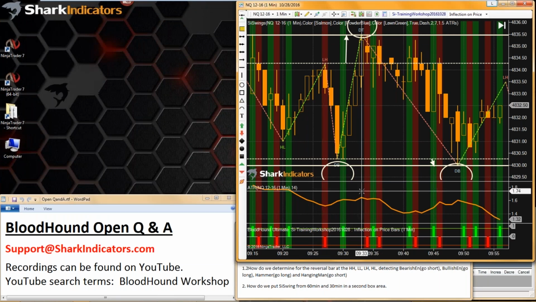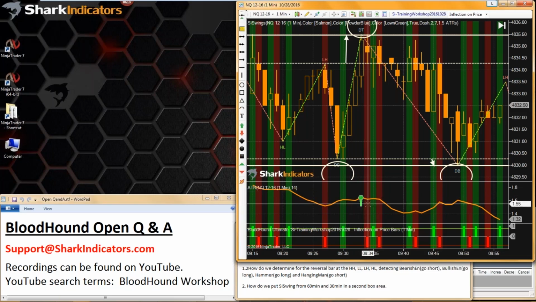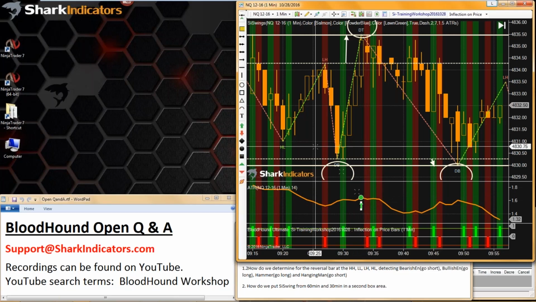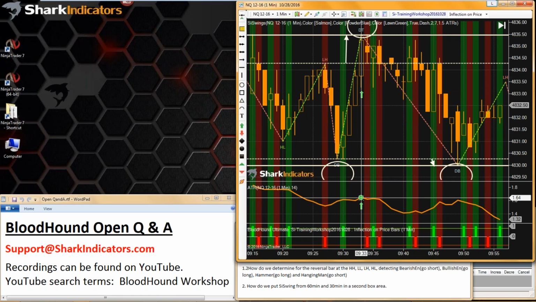Let's see. I'm guessing that, on this double top bar, the indicator is taking the ATR value right there. So we're taking the ATR value, which is 1.64 or 65, somewhere around there.